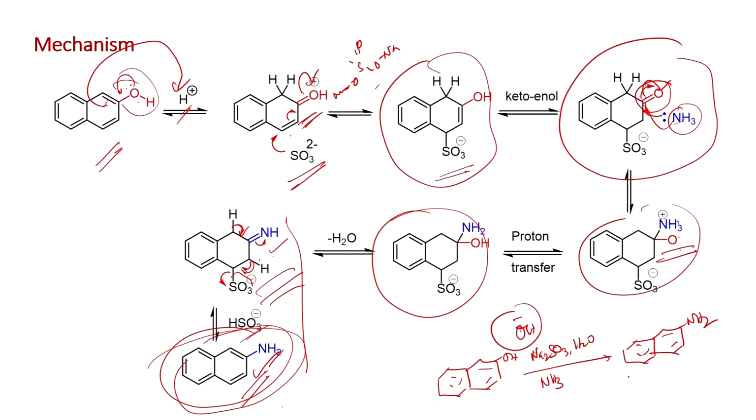On the other hand, if you have this as a starting material, you can use aqueous sodium sulfite and basic conditions, and you will be able to get beta naphthol as the product. You can try to draw the mechanism in a similar way, then you will be able to understand.